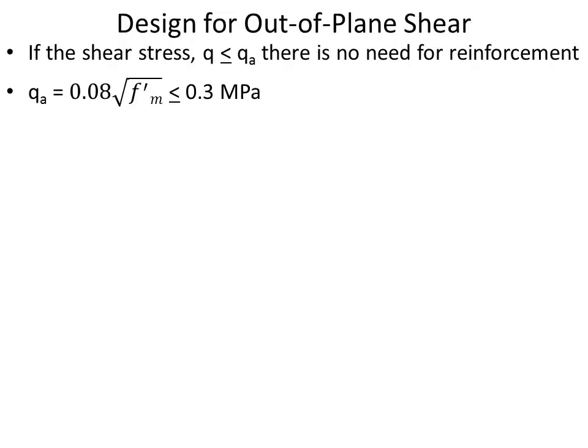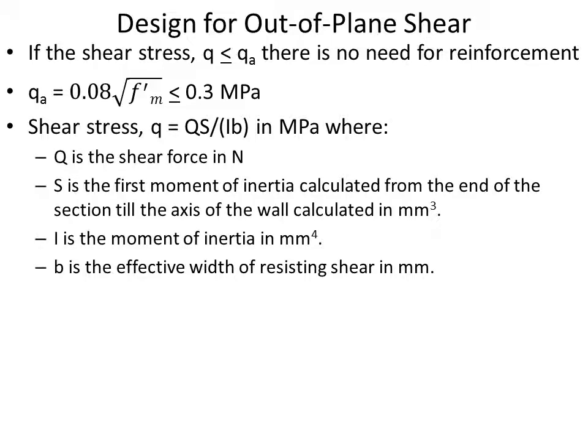So, as we know from previously, the allowable out of plane shear, according to the code, is 0.08 root f dash m, which is less than or equal to 0.3 megapascal. The shear stress is equal to Qs over Ib, and I need to mention that there are two equations in the code, not only one, which I know causes a lot of confusion for some people.